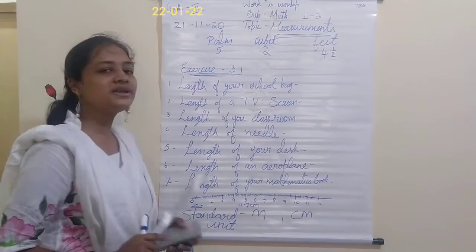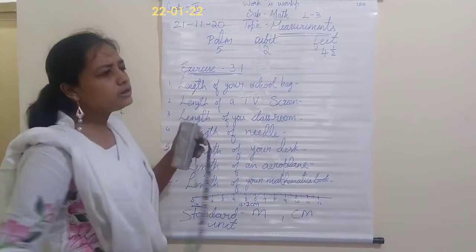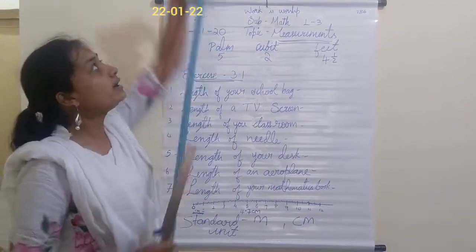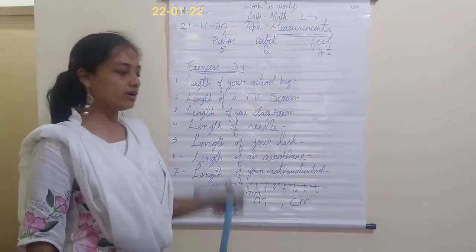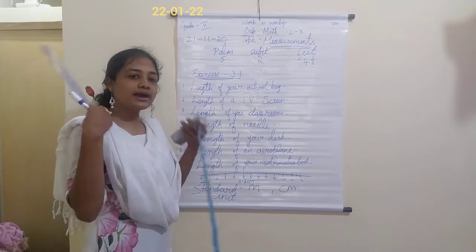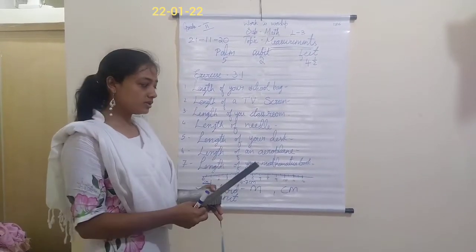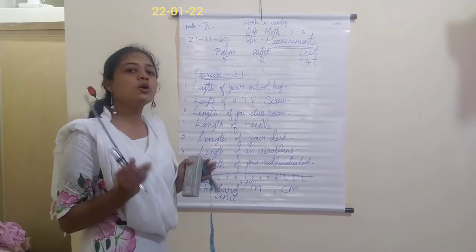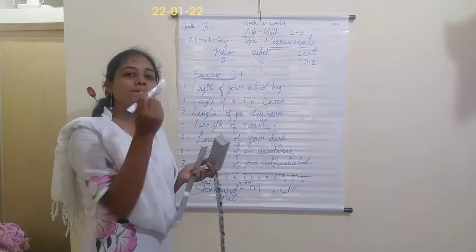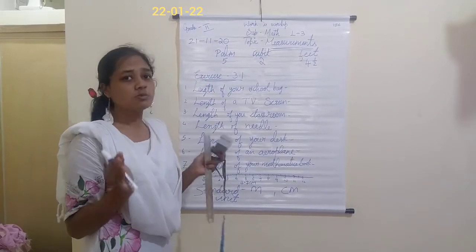Then what about meters? Meters are used when you have objects bigger than these, which are very big. The wall or even myself, I am bigger than this chart. I cannot use centimeters to measure me, because centimeters are used to measure only small objects like a duster, pen, this chart or anything else which is little smaller.